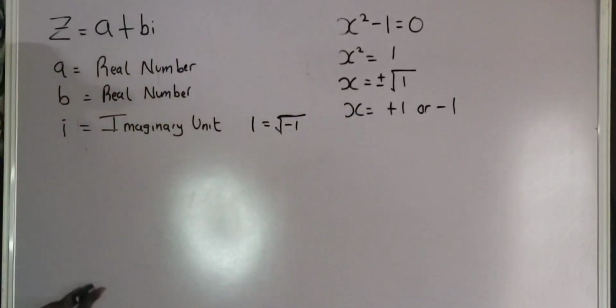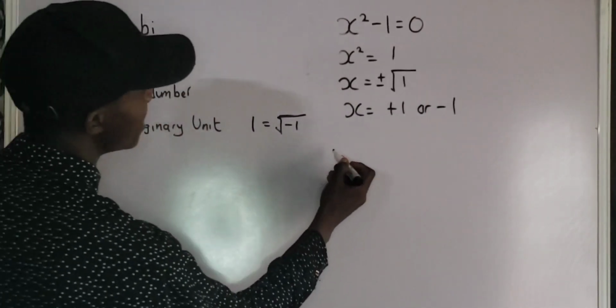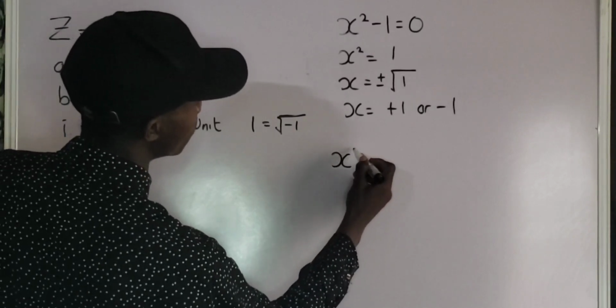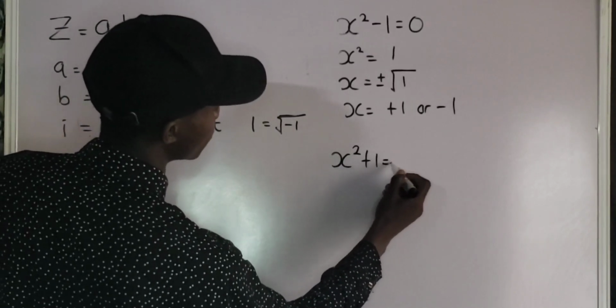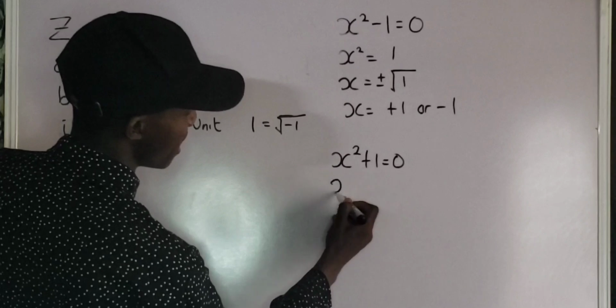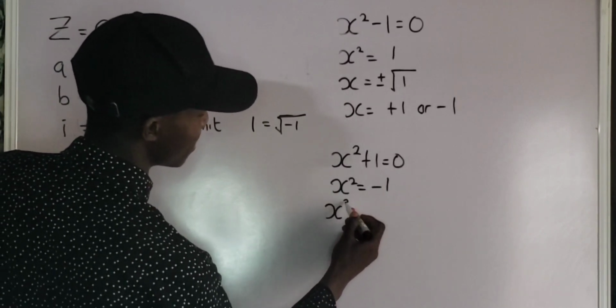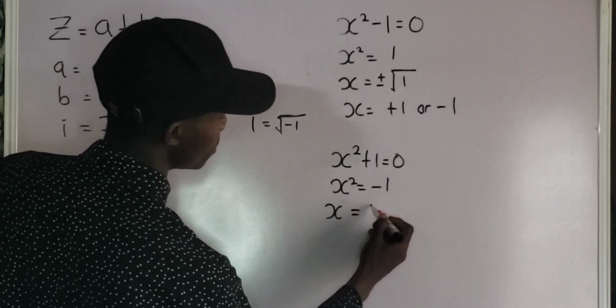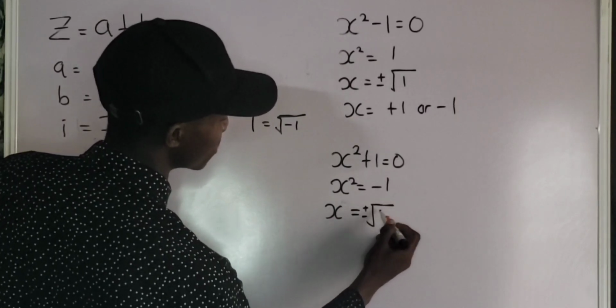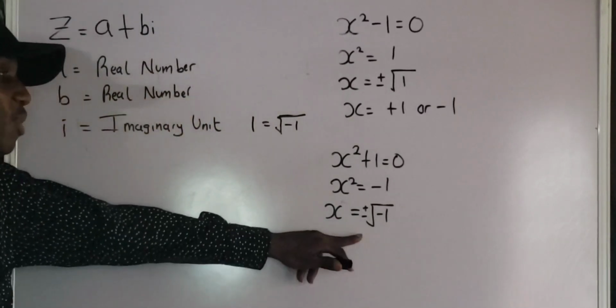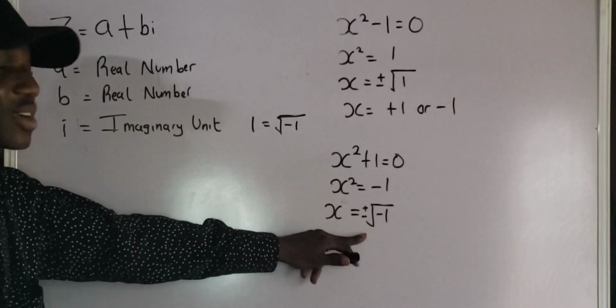But what if we are told to find the solution to this quadratic equation? X squared plus 1 is equal to 0. Now look, x squared is equal to -1, so x is equal to plus or minus the square root of -1. If you punch this in your calculator, you cannot get the value.